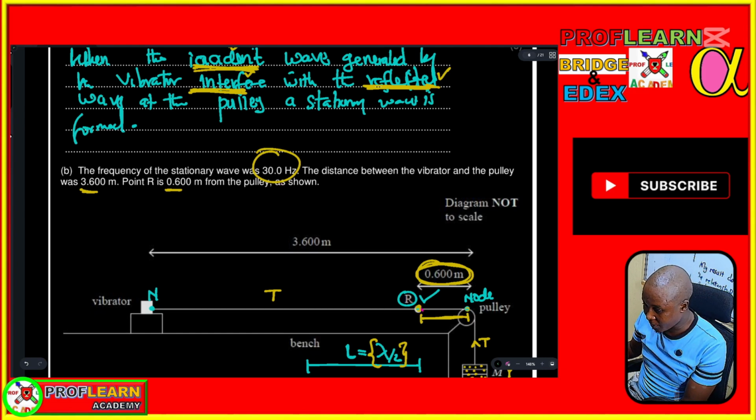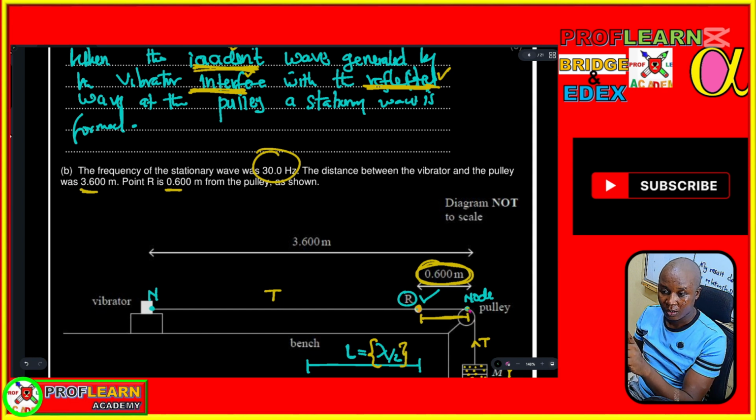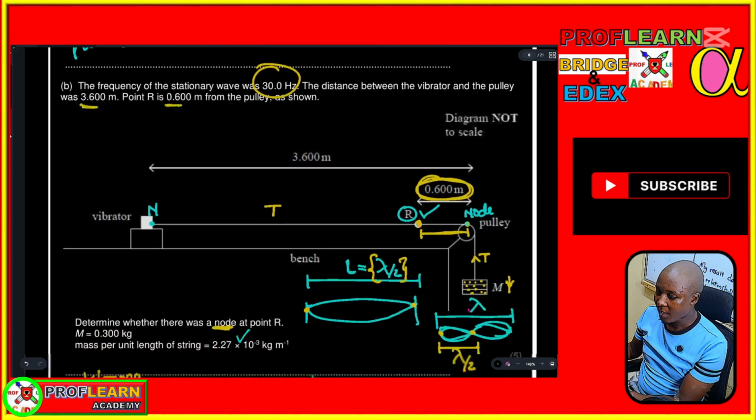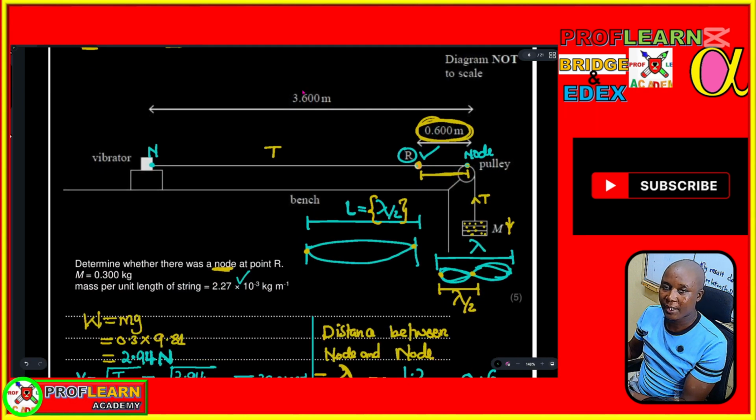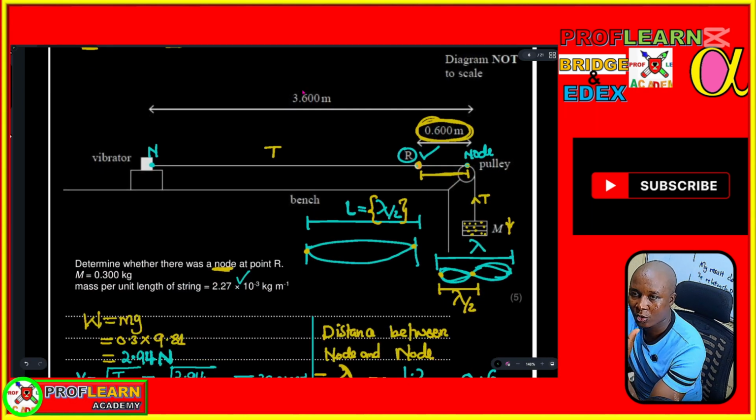So the distance from this point R here, we have the point R. So the distance between this point R and the pulley, because at the pulley, that's where we can have a node. Anytime you are having a wave on a string which is tied at two ends, at the ends of that string, that's where you are going to have a node.